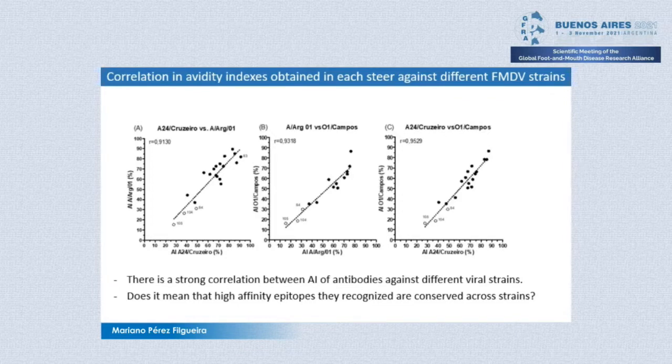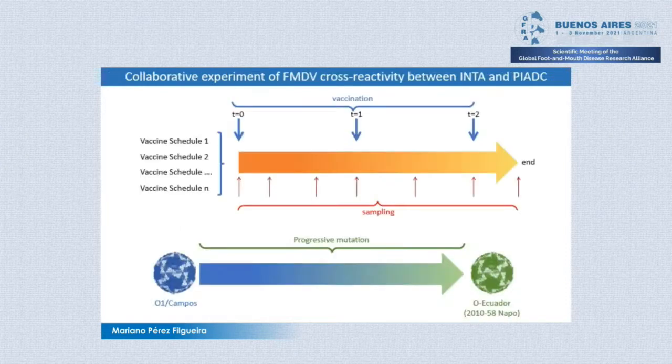Of course, there are a number of potential interpretations of these results, but does it really mean that these high affinity epitopes are somehow preserved in different strains, even in different serotypes? Of course, this is a limited example because this is only 3 strains and only 2 serotypes, but this can be tested in others, and that could be a chance.